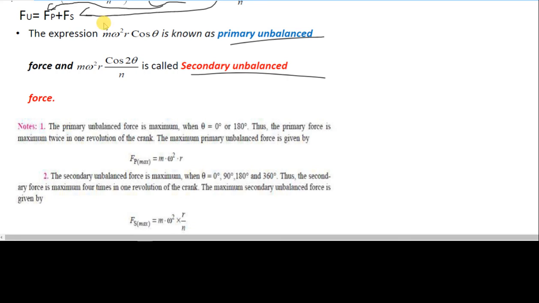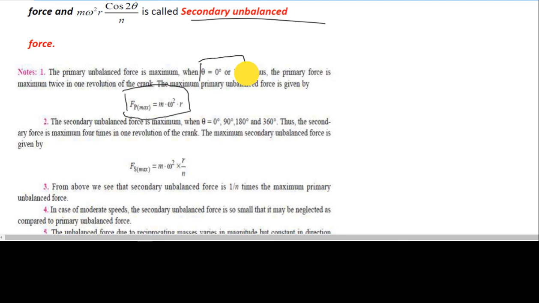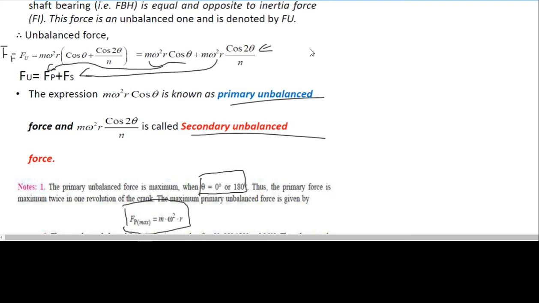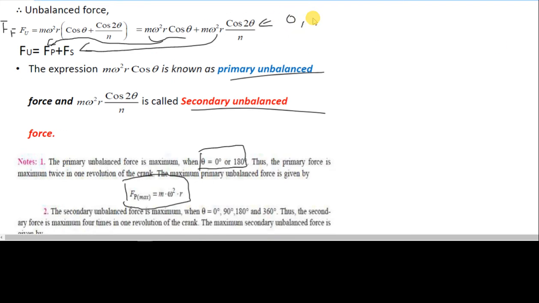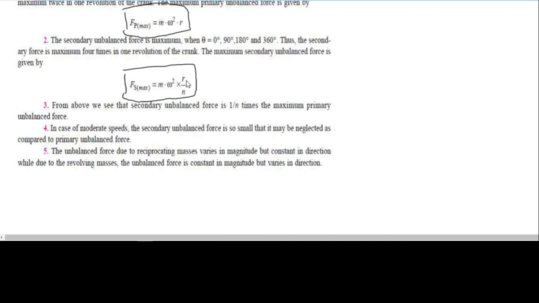The maximum of that force will be m omega square r, because cos theta will be 1 at 0 and 180 degrees. And the secondary unbalanced force, because it has a cos 2 theta component, will be maximum at 0, 90, 180 and 360. The maximum secondary unbalanced force will be m omega square r over n.